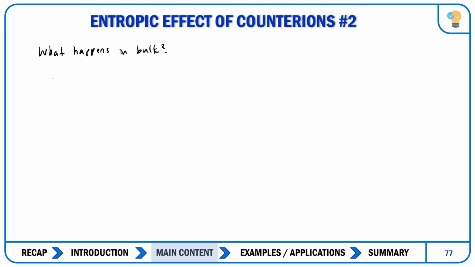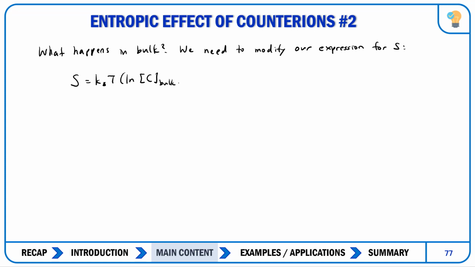So that means we need a term, not our definition, our expression for S. And that means S is equal to kBT ln of the concentration of bulk counterions minus 1. I'm going to call this number 2.